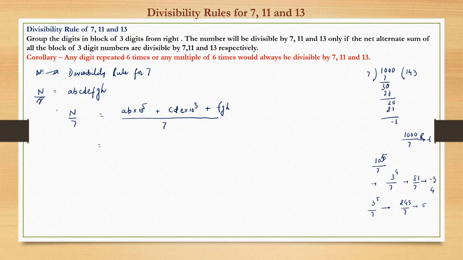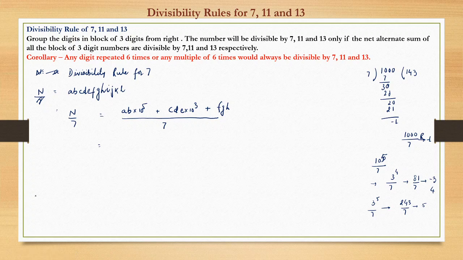So I think we should take another case here. ABCDEFGH may not be a suitable case here. So I take ABCDEFGHIJKN, so that groups of three are there, 3, 3, 3, 3.